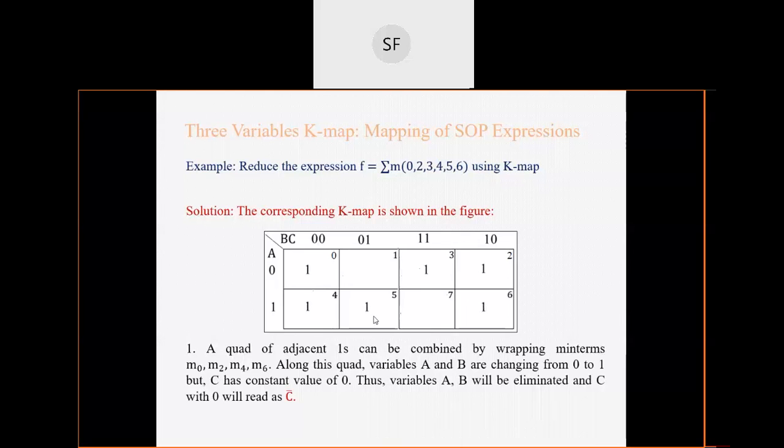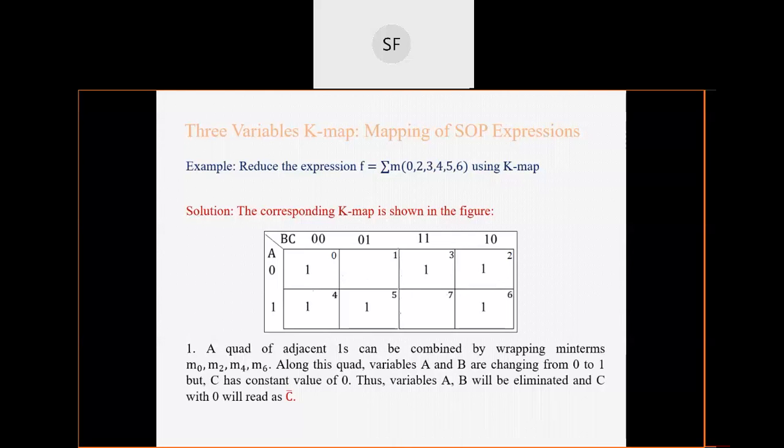This is how the mapping is done. Now you have to observe whether an octet is possible. No, an octet is not possible because these two cells do not have any value or do not have ones. Okay. Even if there are 0s it will not work, you need 1s only.